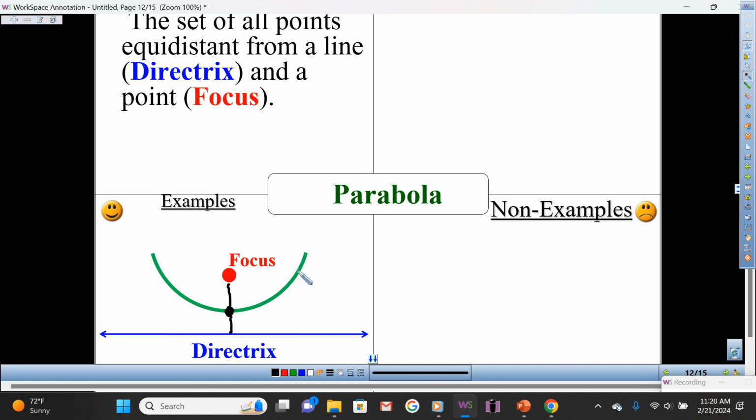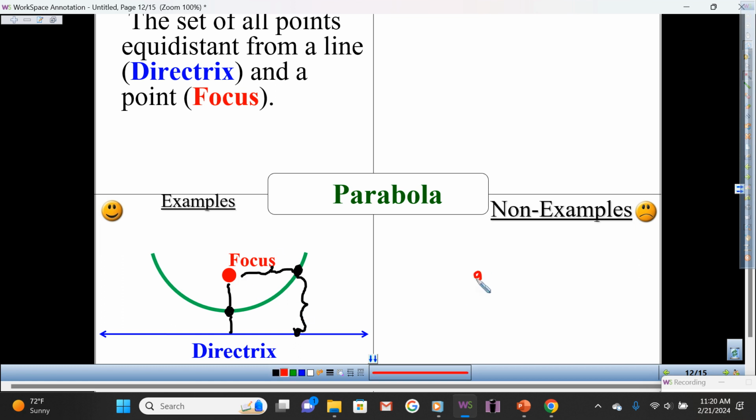Well, if I continue, this distance and this distance from the focus and the directrix should be the same. And you can tell from far away, does it look like a little square? Yeah, it's kind of the same distance. That's why this is known as a parabola, and it forms using an infinite amount of points equidistant from the directrix, which is this line, and the point, which is the focus.